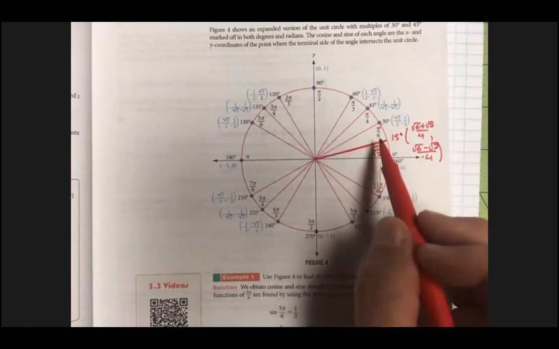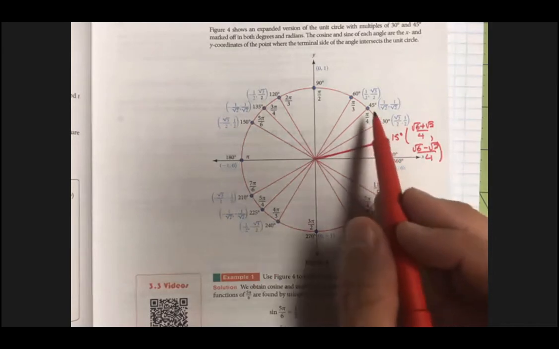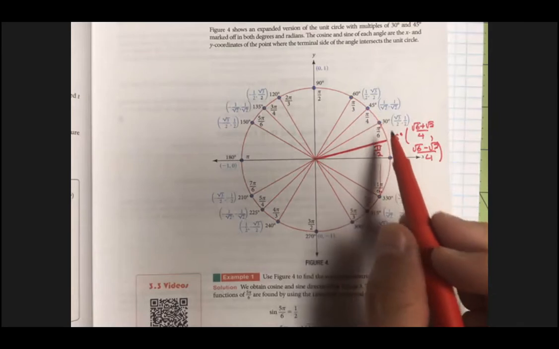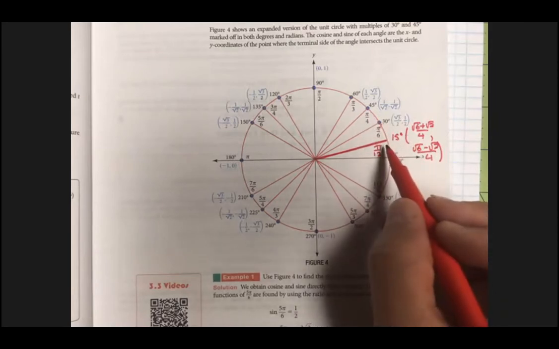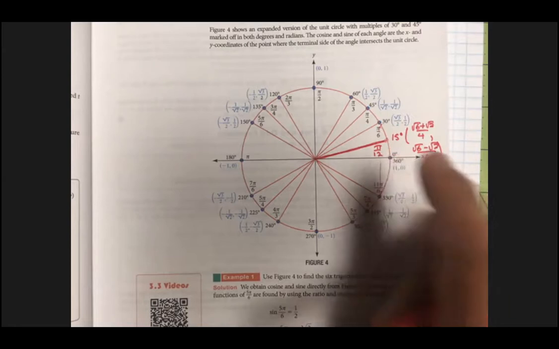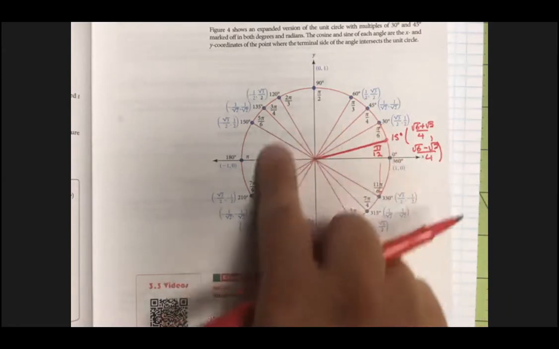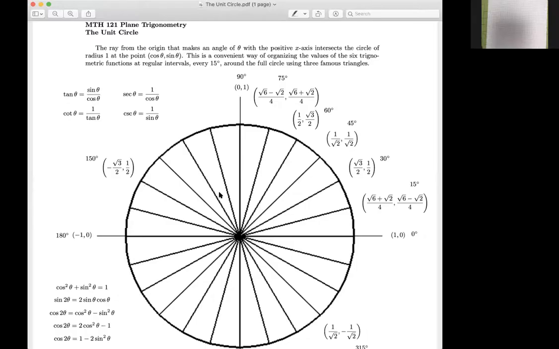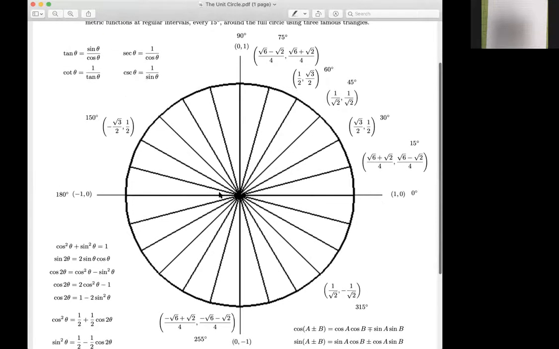They only show you the angles 30 degrees, 60 degrees, 45 degrees. They only show you two famous triangles. But this 15-degree triangle is worth remembering. And it fills in the gaps in the unit circle. And that's why I like to show you that triangle in my handouts. That's why I made this handout for you.